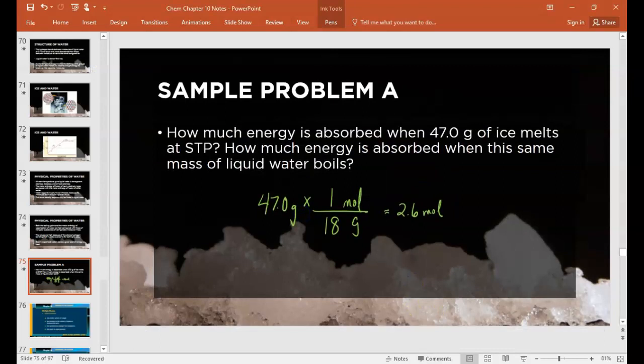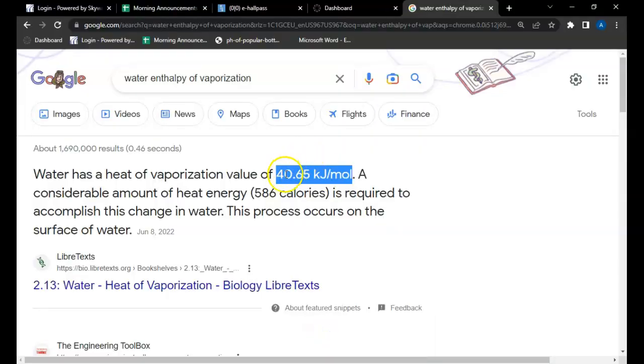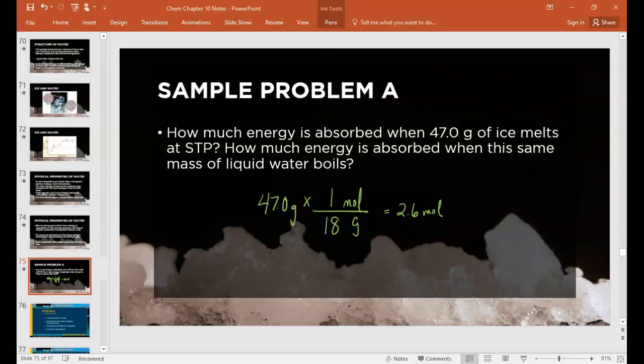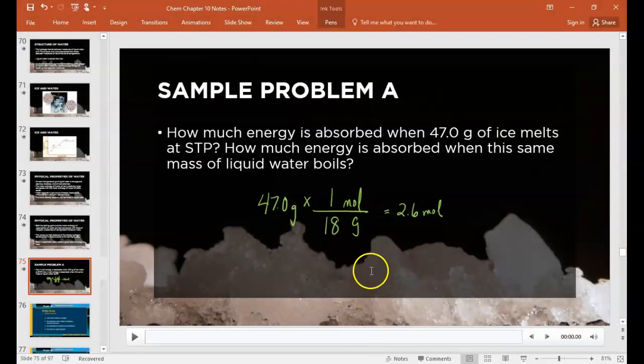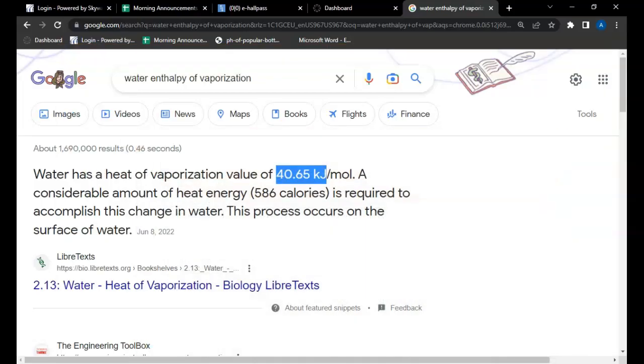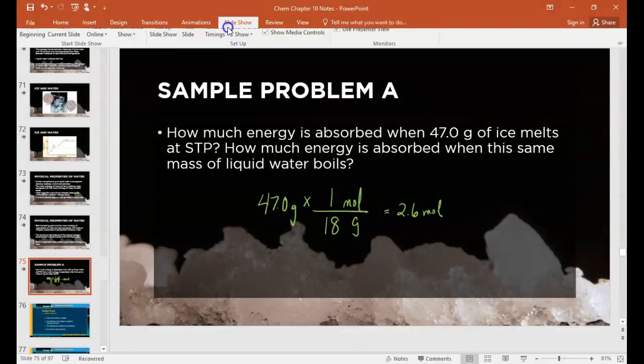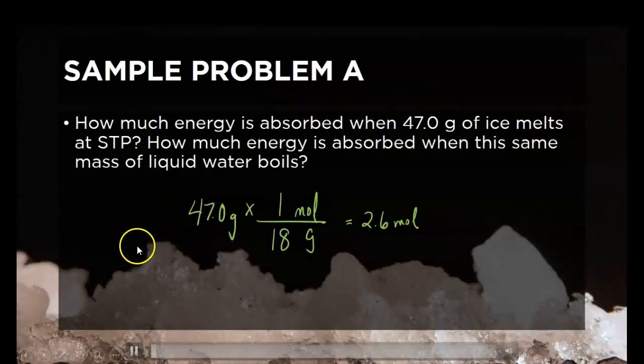If it takes 40.7 kilojoules to vaporize a mole of water, how many kilojoules is it going to take to vaporize more than that, 2.6 moles? What would I have to do to this number? Would you agree it'd be about... yeah, you're saying what I'm thinking. I would multiply it.